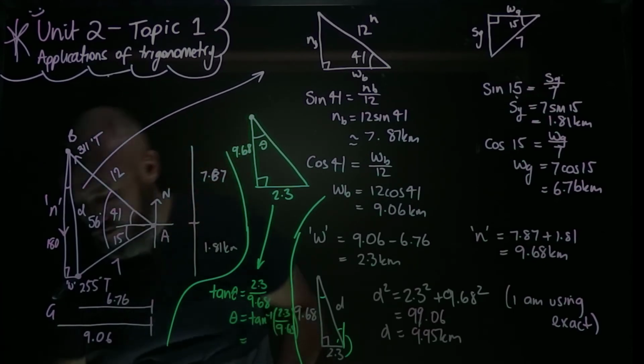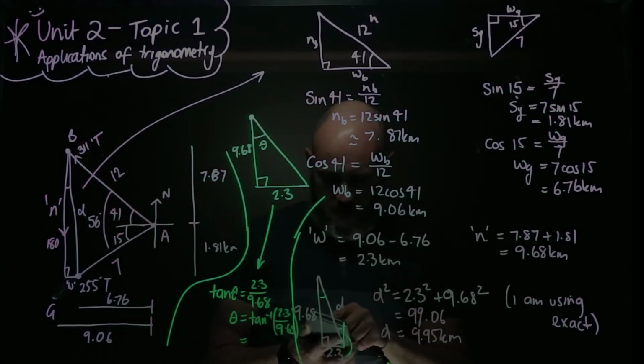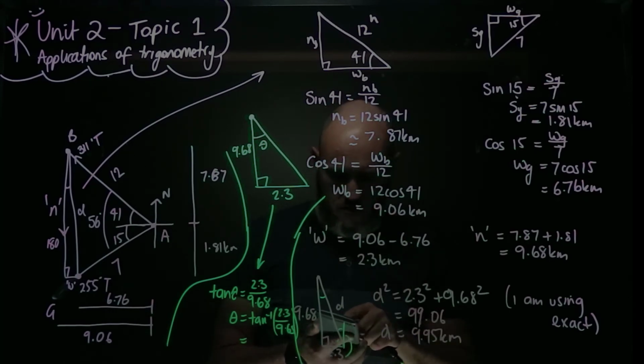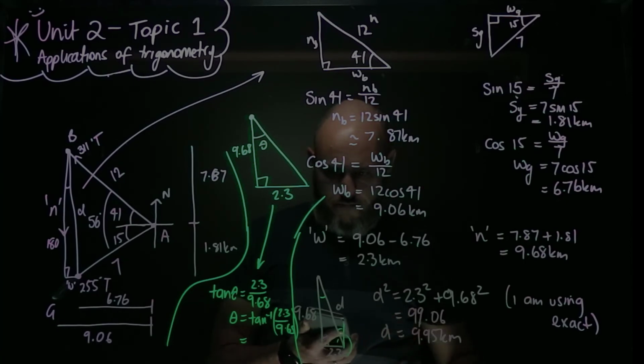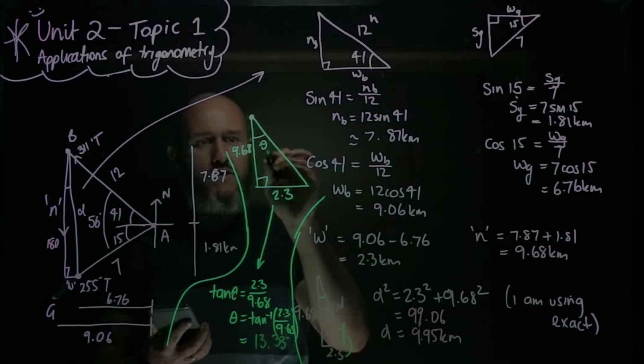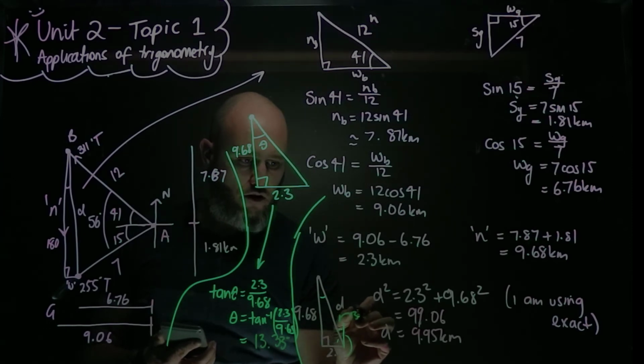And you're going to have to watch me as I use exact values again. And tan inverse of that with exact values is 13.33 degrees. So therefore, if this is 13.33 degrees, then this is 13.33 degrees.